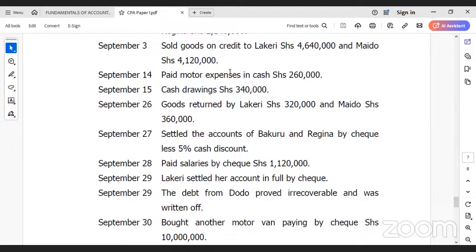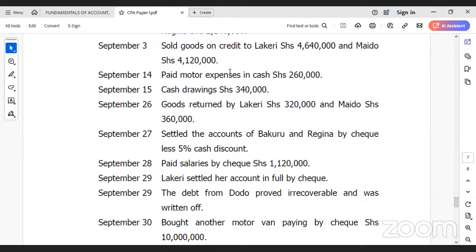We are going to prepare the sales account because Kabatei sold goods. So we need a sales account. And then since these goods are sold on credit to the customers, we need to come up with these customers' accounts, that is Lakiri and Maido.